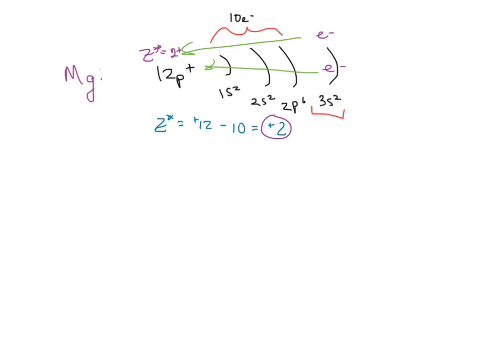All right, let's stay in the same period and skip all the way over to phosphorus. Phosphorus is a 5A nonmetal, so we're thinking it should have 5 valence electrons. Phosphorus has 15 protons in its nucleus, and then it must have 15 electrons. They're arranged 1s2, 2s2, 2p6. Then we get to our valence electrons.